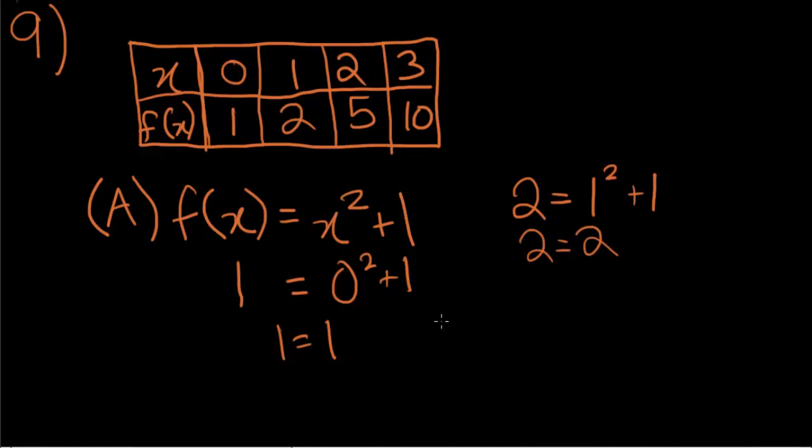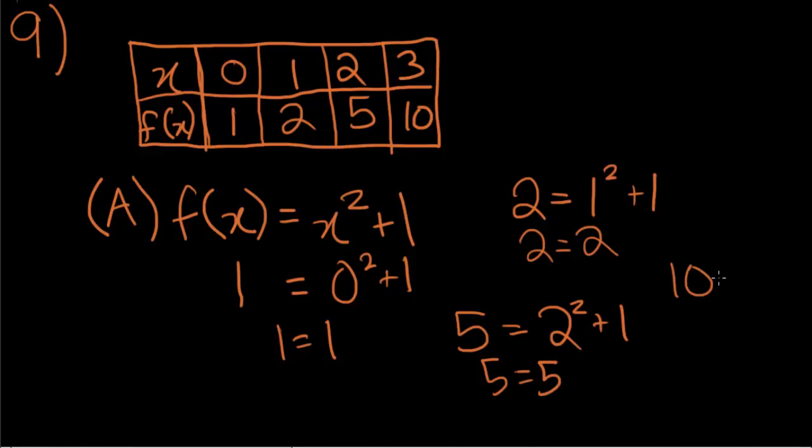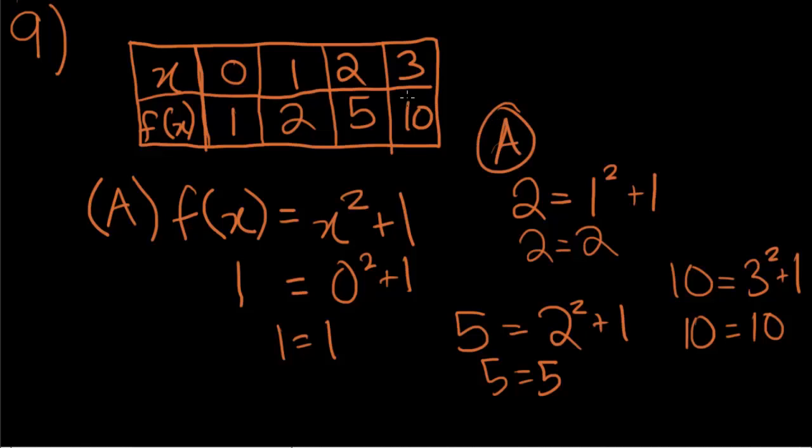Let's try it with the next one. 5 is equal to 2 squared plus 1. 4 plus 1 is 5. 5 is equal to 5. Let's try it with the final one. 10 is equal to 3 squared plus 1. 9 plus 1 is 10, and 10 is indeed equal to 10. So all of the values have worked. The correct answer choice is choice A.